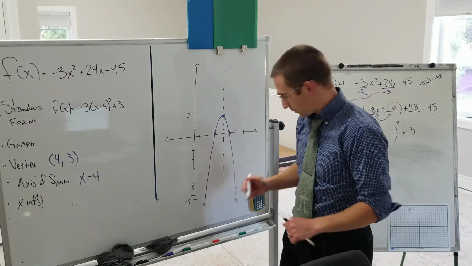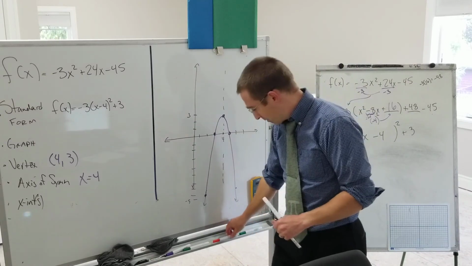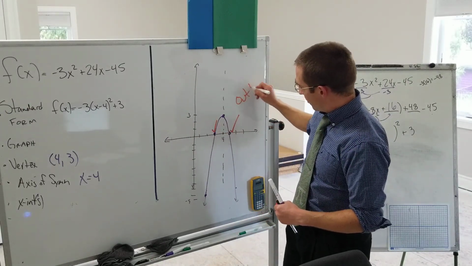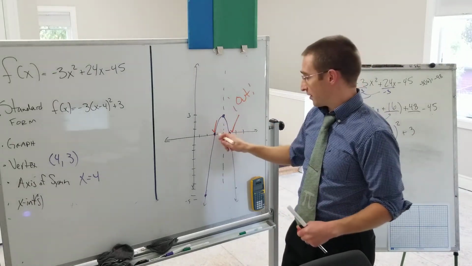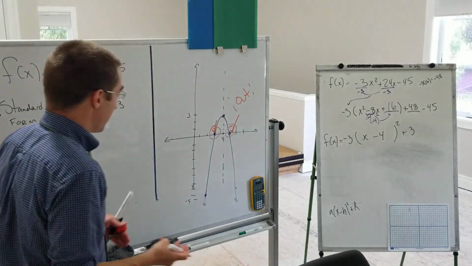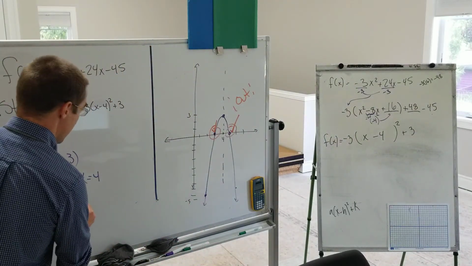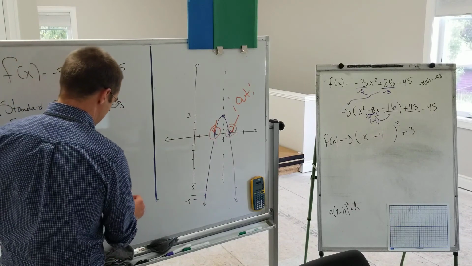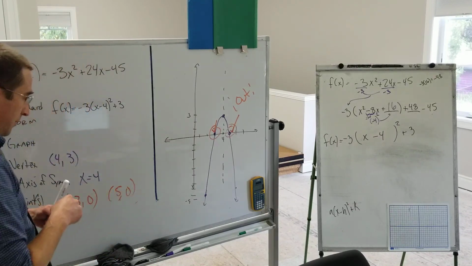There we go. And check it out. X-intercepts. Boom. Boom. We got them for free. They came with the graph, the bonus deal. (3, 0) is our smaller x-intercept. (5, 0) is our larger x-intercept. Woohoo!